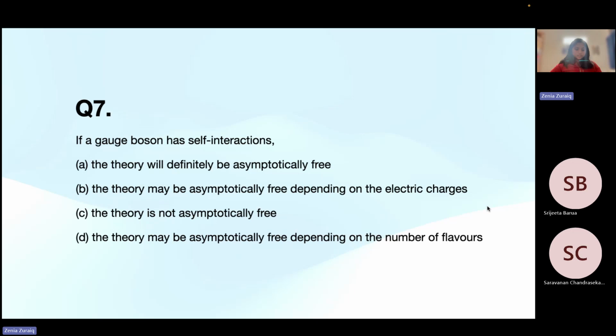Okay, next question is very interesting. If a gauge boson has self interactions, then A, B, C, or D?